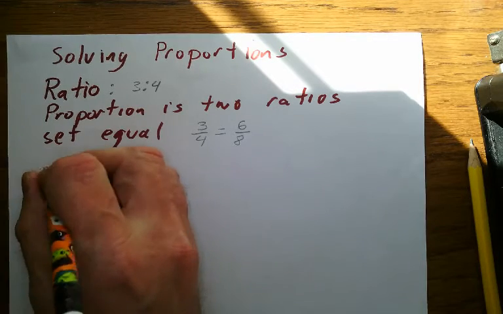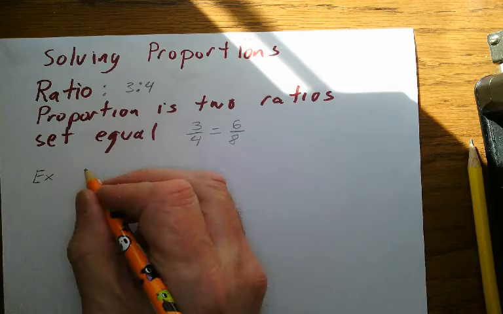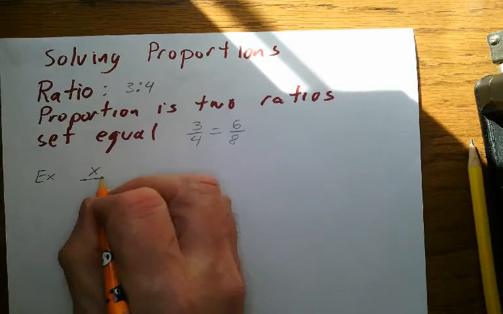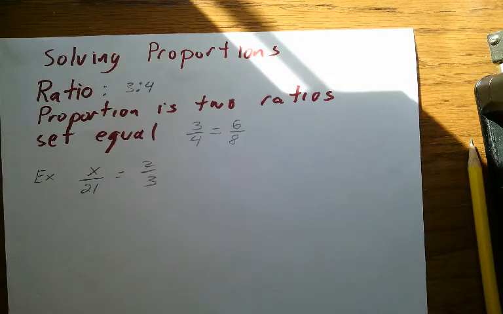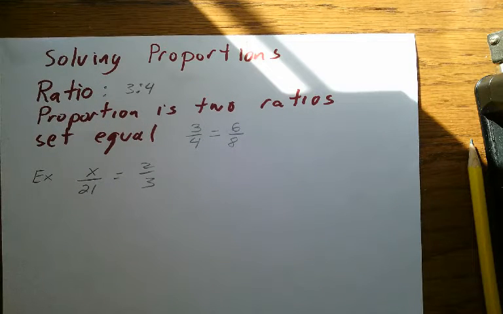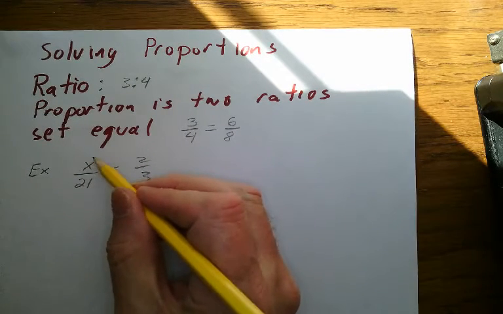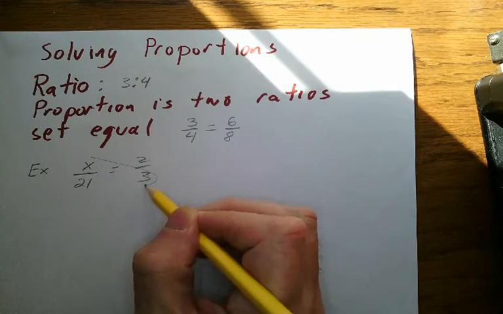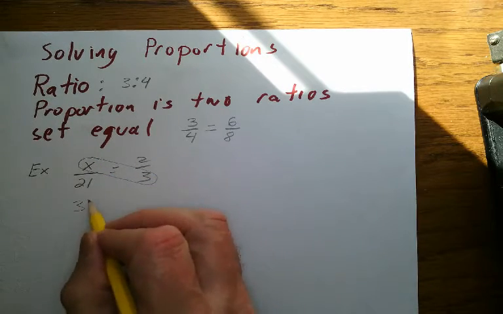So let's do a couple of examples. If we're going to solve them, these proportions must have x's in them, right? So you have x over 21 equals 2 over 3. Now, the way I want you to solve these proportions is what we call cross-multiplying. When you cross-multiply, it means you multiply the 3 times the x, and you get 3x.